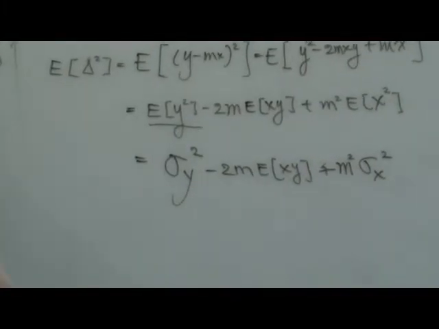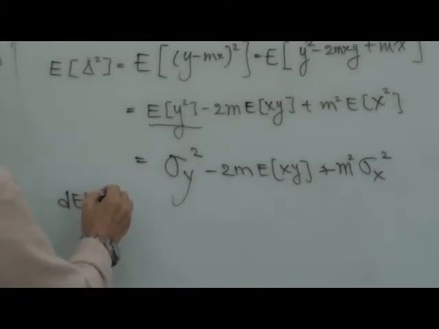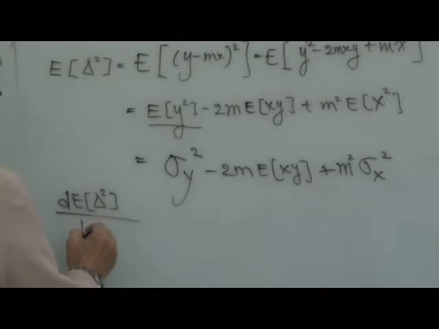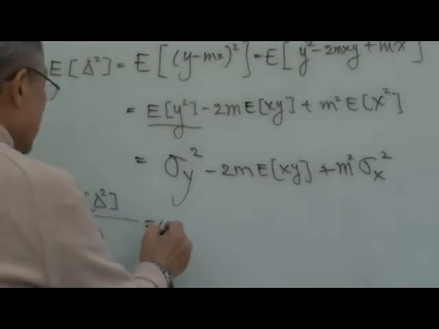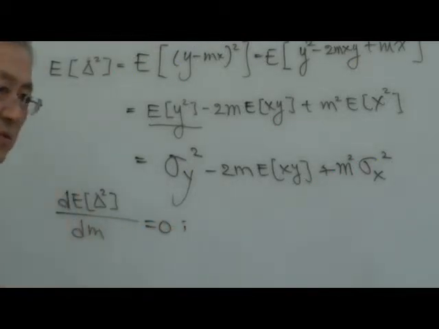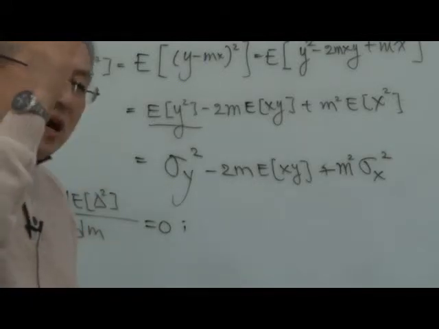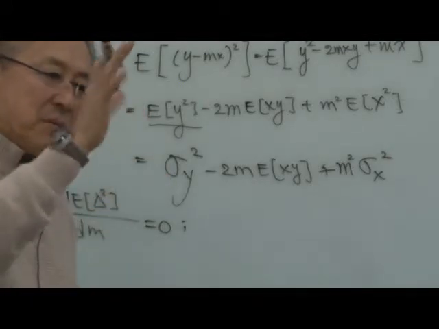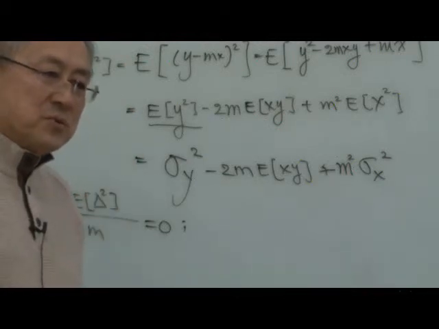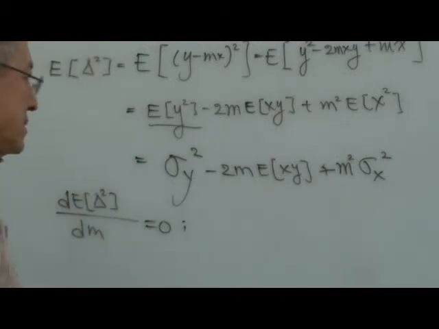Then I'm going to take the derivative of E of delta squared, take a derivative with respect to m, then set equal to 0, then to determine the value of the m, which is most optimum for the moderately distributed measured data.